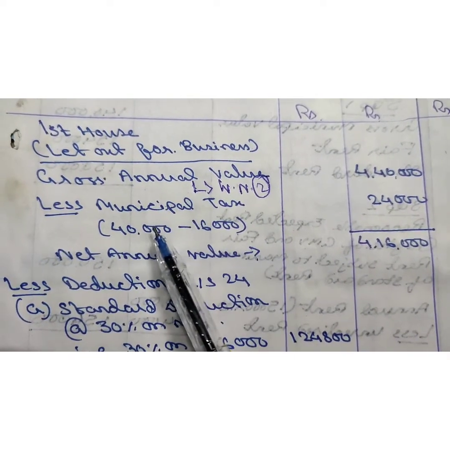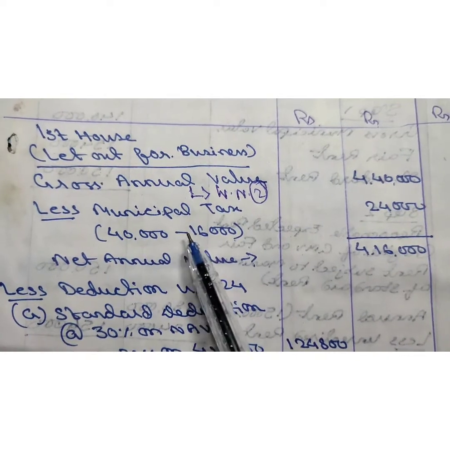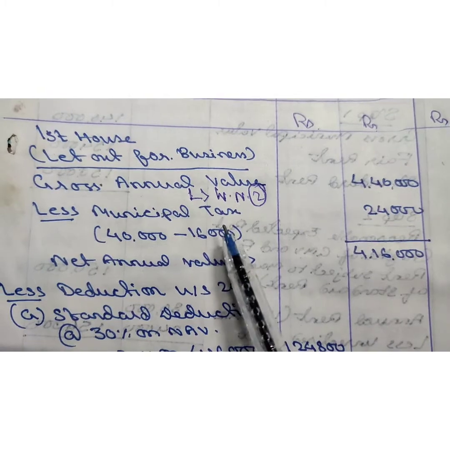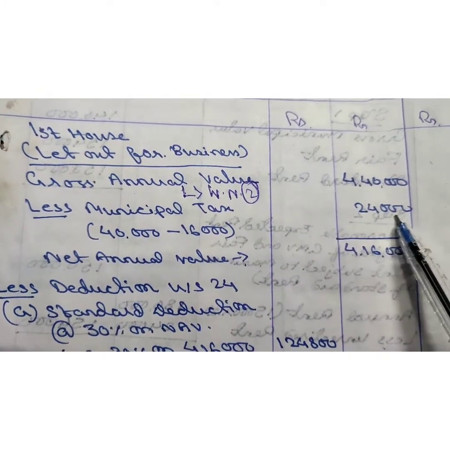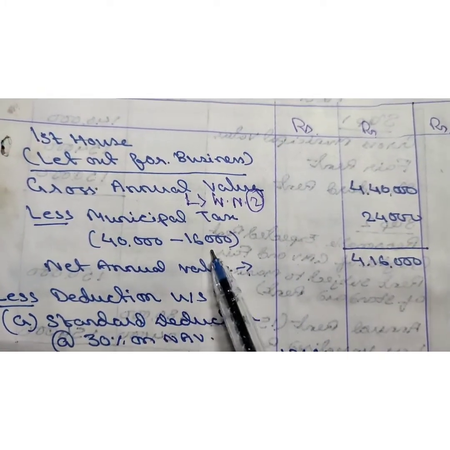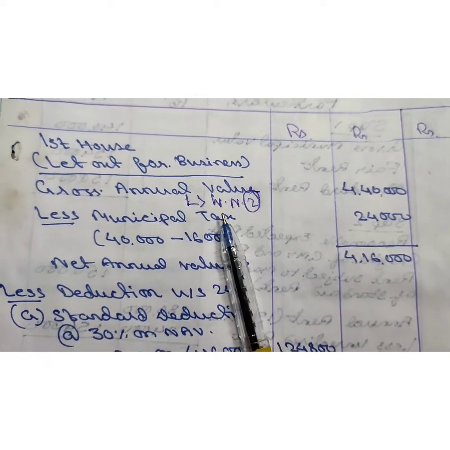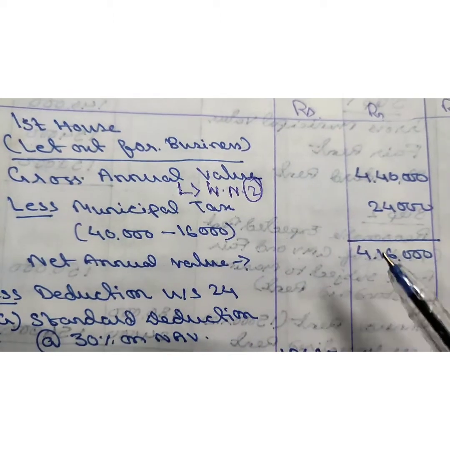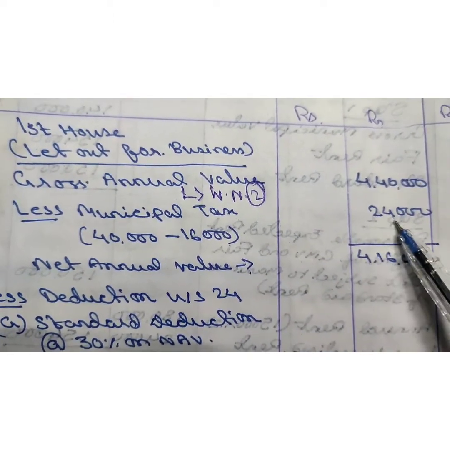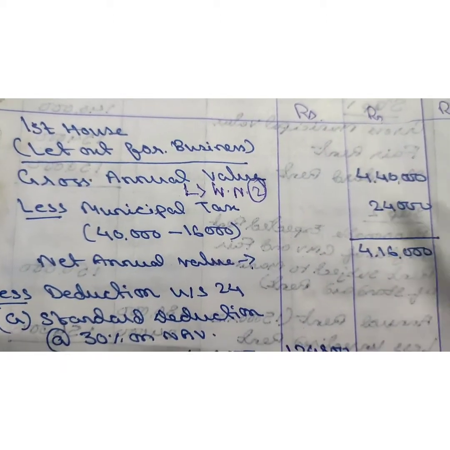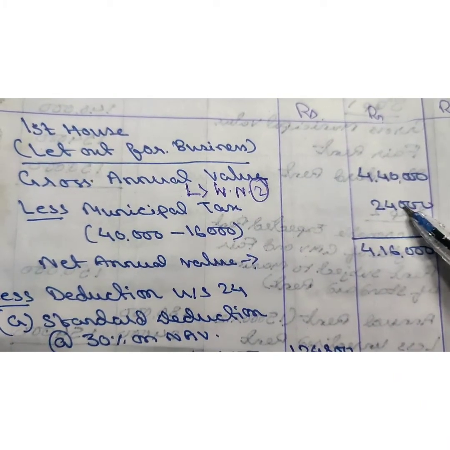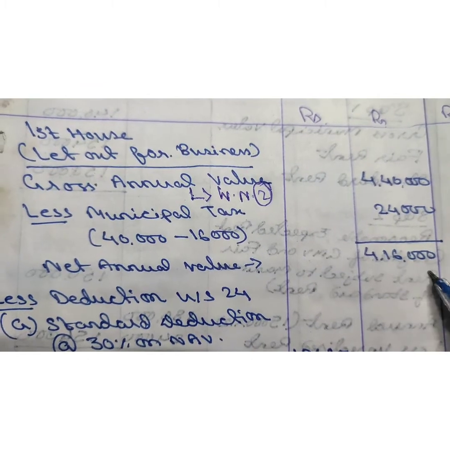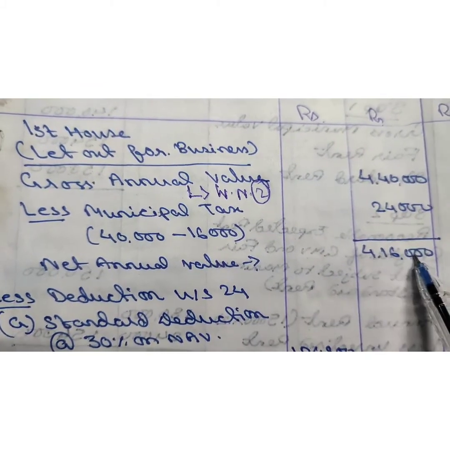So from the total municipal tax, we exclude the portion paid by the tenant. That means 40,000 minus 16,000, 24,000 is actually paid by the owner. So the deductible part of municipal tax is 24,000. From gross annual value, we deduct this 24,000 and get 4,16,000 as net annual value.